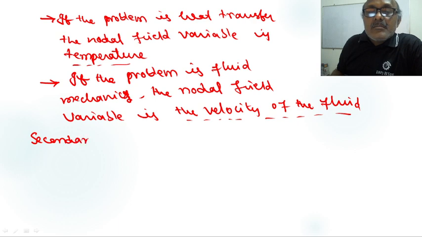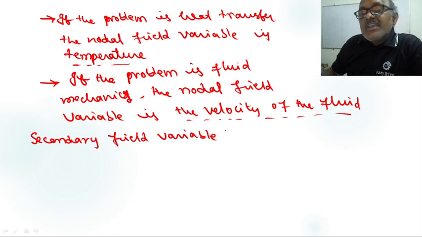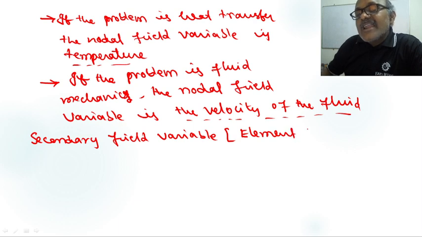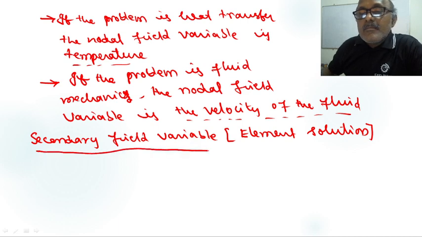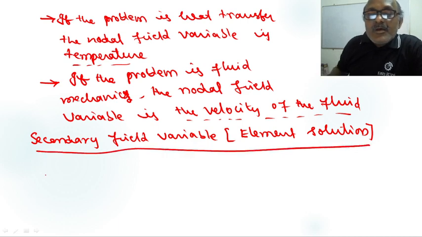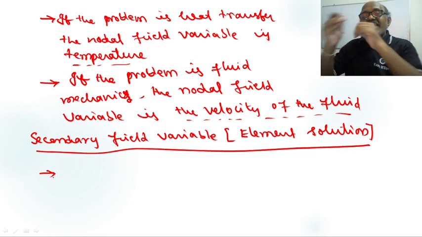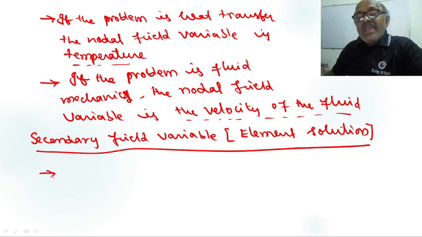Next one, coming to secondary field variable. It is also called as element solution. So, all of you see, my dear students. In our case, we are finding the displacement at nodal points.